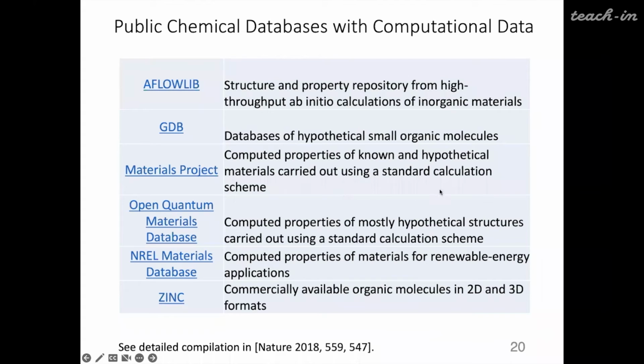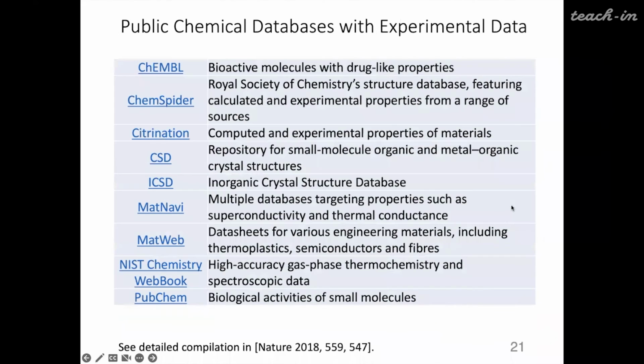The data was obtained by quantum chemical computations. So here we have computationally obtained data. And the next slide gives you a list of links on chemical databases with experimental data.